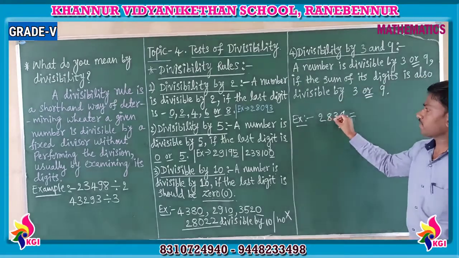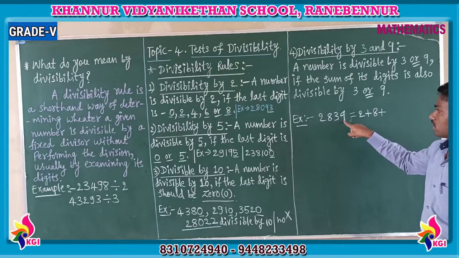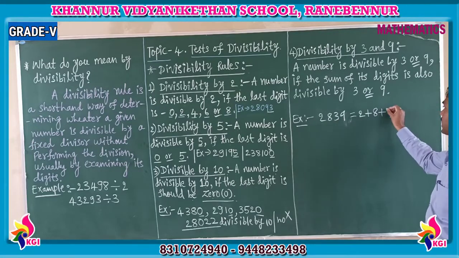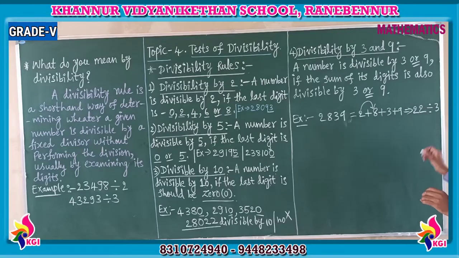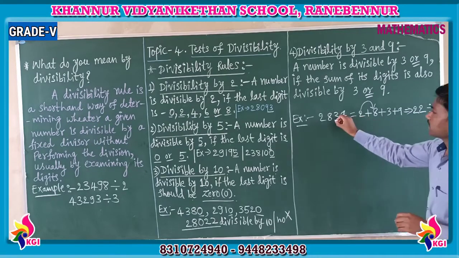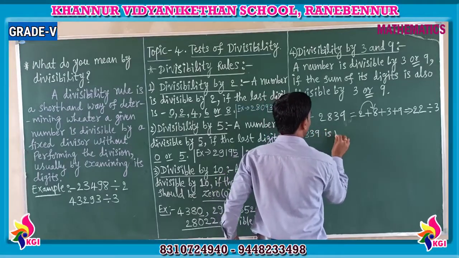We add all the digits: 2 plus 8 plus 3 plus 9. 2 plus 8 is 10, 10 plus 3 is 13, 13 plus 9 is 22. But is 22 divisible by 3? In the table of 3, 22 is not there. That's why this number 2,839 is not divisible by 3.